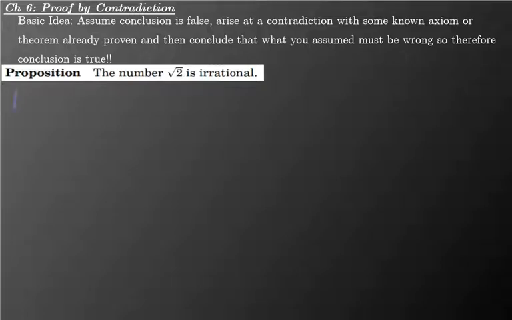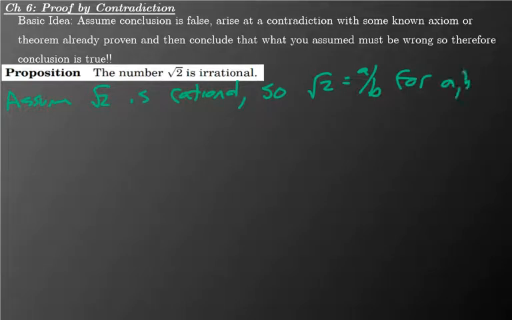Okay, so we're going to assume, I don't like that color, let's do green. We're going to assume that root 2 is rational. So root 2 equals a over b for some a, b in Z. That's just the definition of rational.